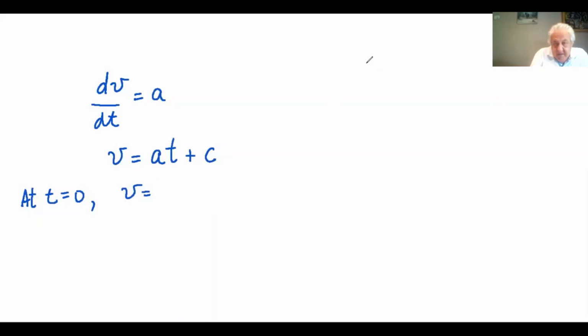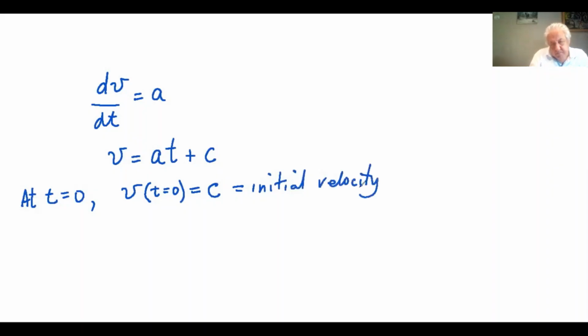I think I'll emphasize this by putting t equals 0 there. This is equal to c. And this is my velocity at time t equals 0, so this is my initial velocity. Let me call my initial velocity v0. So replacing c by v0, I get my formula, v equals at plus v0.